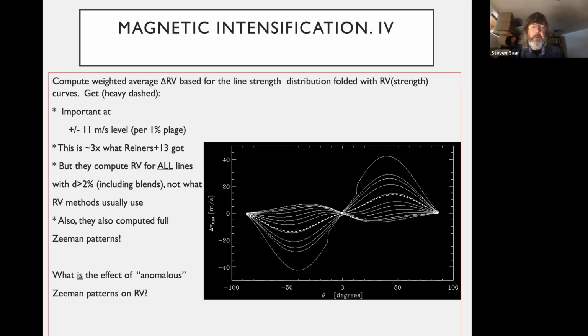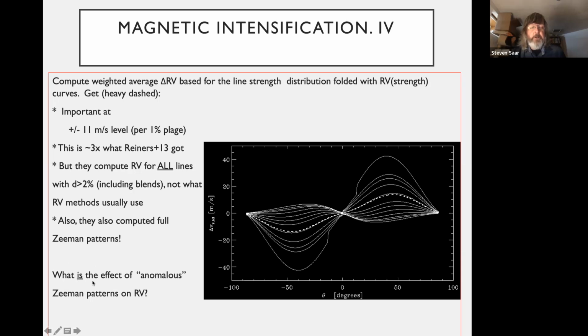Generally, mostly unblended lines we use. They also, however, computed full Zeeman patterns, and this experiment right here is just the simple triplets. So there's a couple of things that are different that might explain differences.